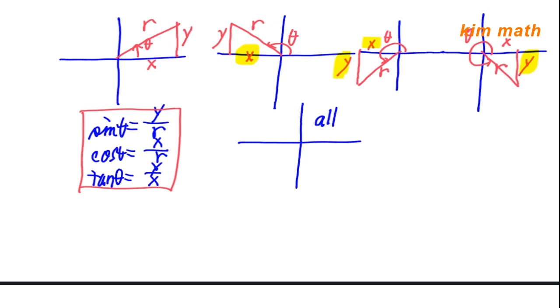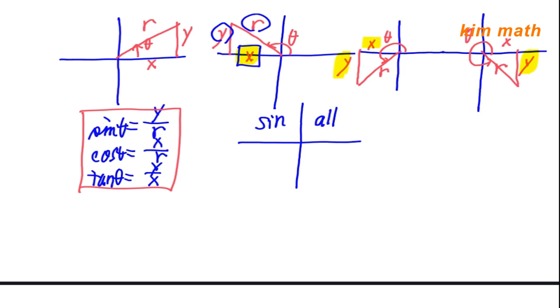If your angle is in the second quadrant, only sine is positive. In this picture, please note that this over this is positive, but cosine and tangent contain this one, and that's why cosine and tangent will be negative in the second quadrant.